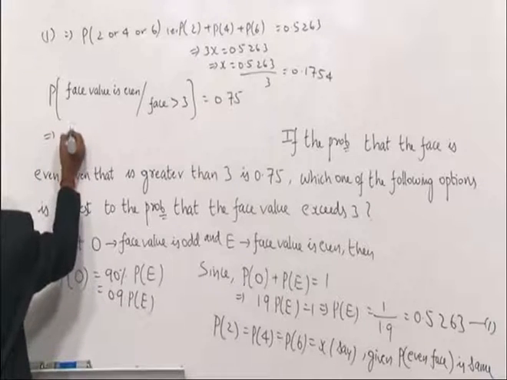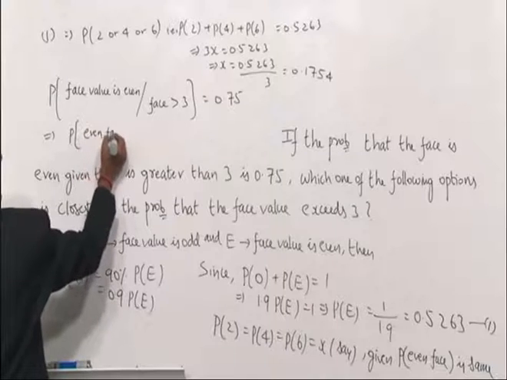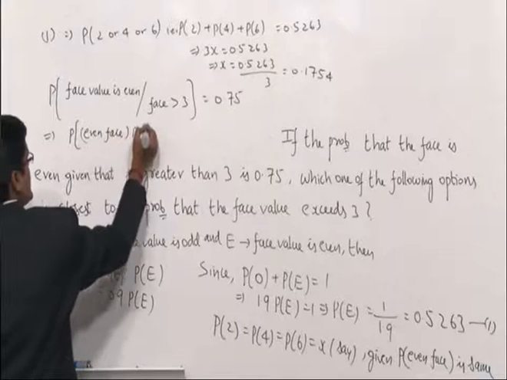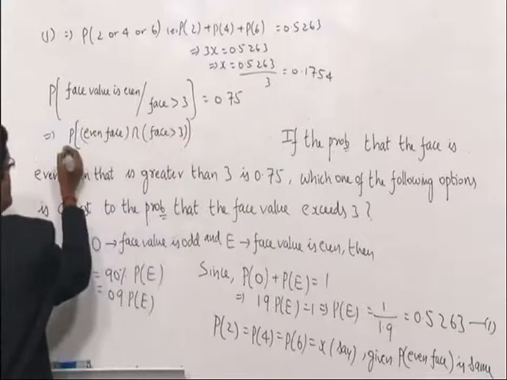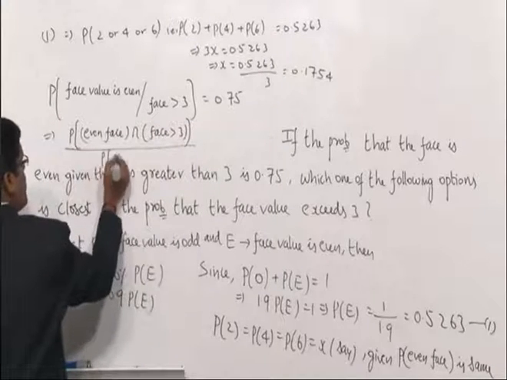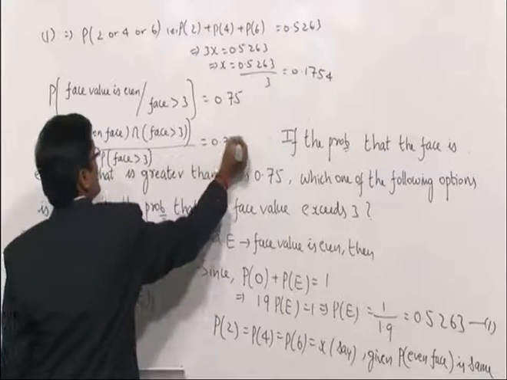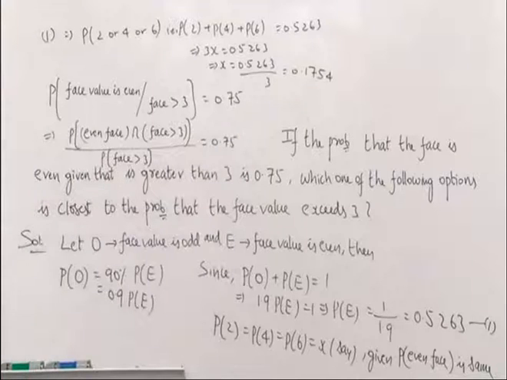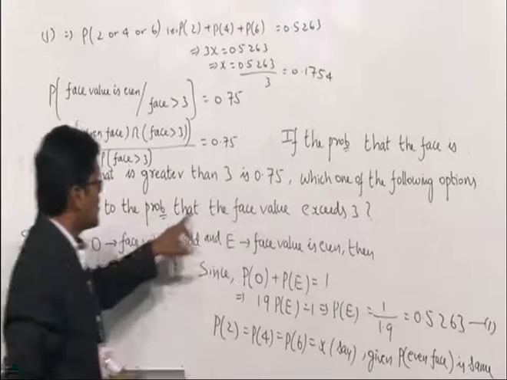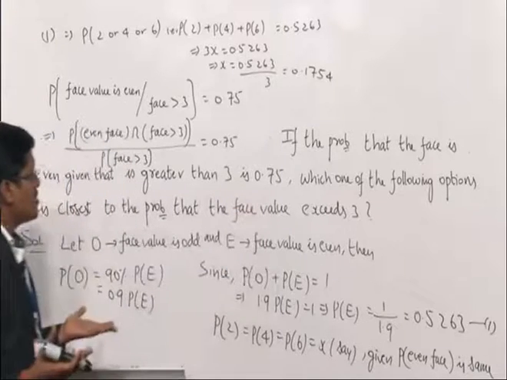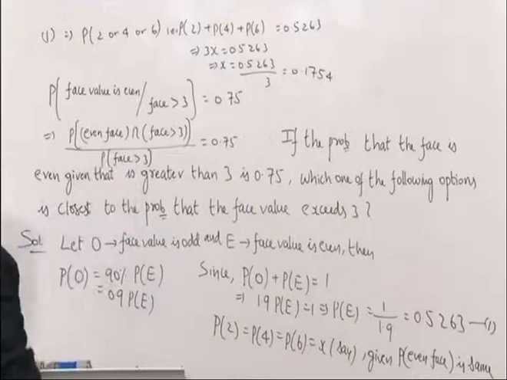So using conditional probability, this becomes P of even face intersection face greater than 3, comparing with P of A given B, divided by P of face greater than 3, is equal to 0.75. The question requires which one of the following options is closest to the probability that the face value exceeds 3. Face value exceeds 3 means greater than 3. That means in this step we need to find the denominator.